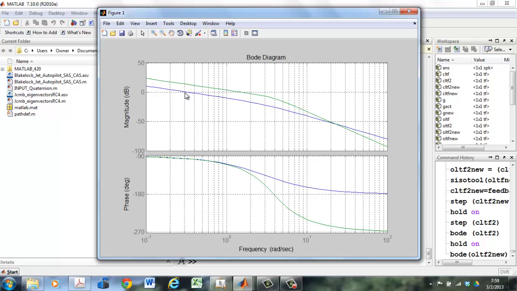So I would have to raise the gain to get the same crossover. And if I raise the gain on the blue curve to get the same crossover as without the actuator, you see I'd have a phase loss between the blue and the green, but it wouldn't be much. It'd be only maybe, I don't know, 10 or 12 degrees.